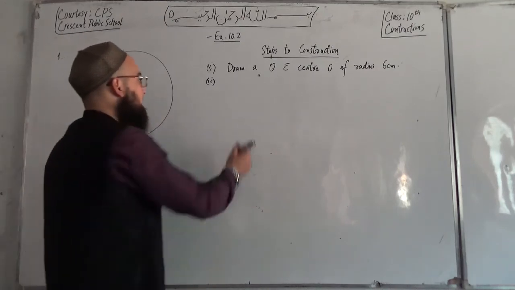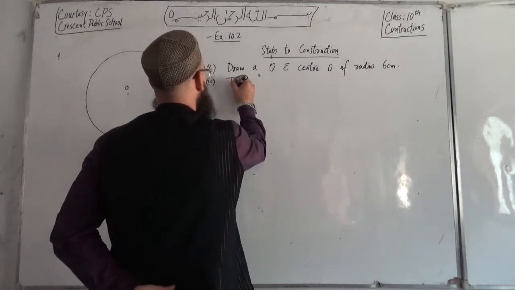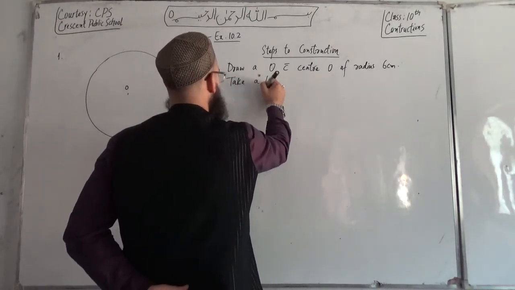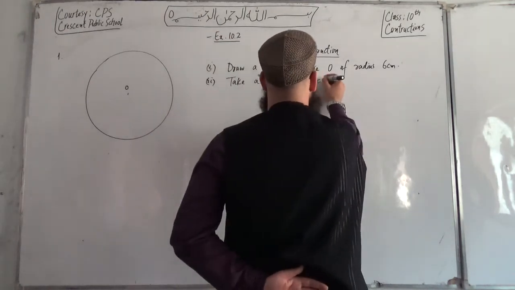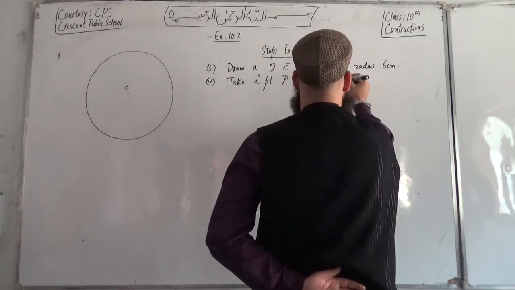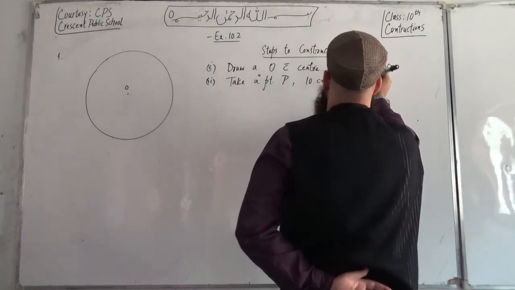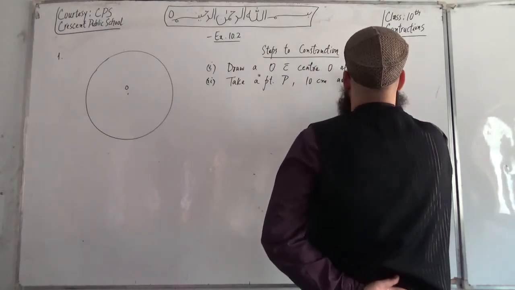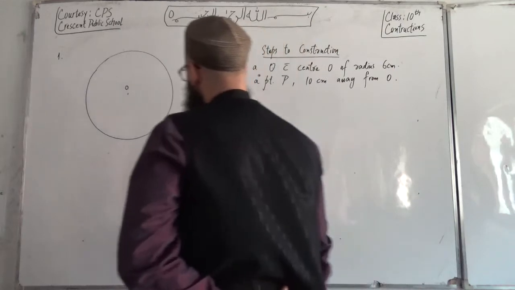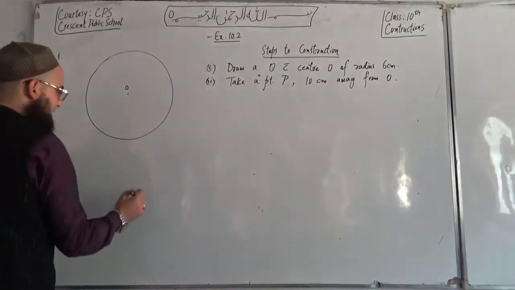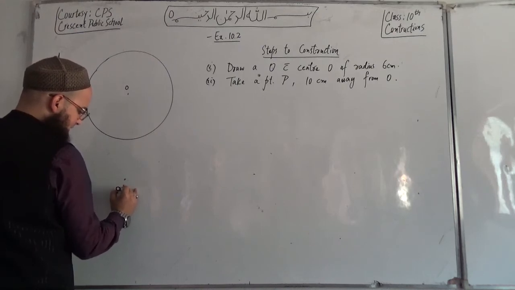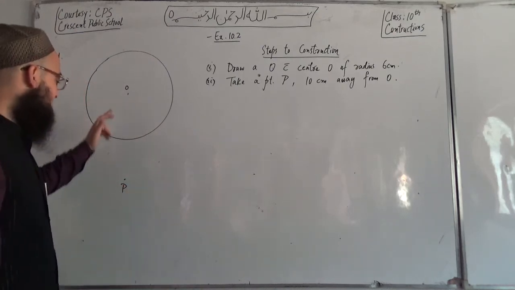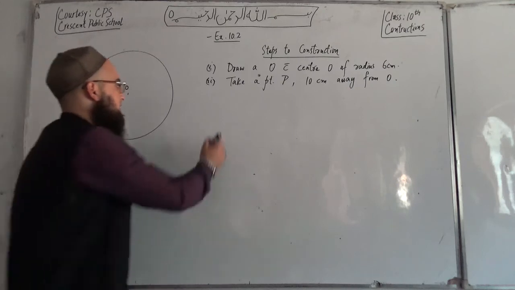That's your question. So take a point P 10 centimeter away from O. Simple. So take P 10 centimeter away. Let us say this point is P. Take P 10 centimeter away from the center.